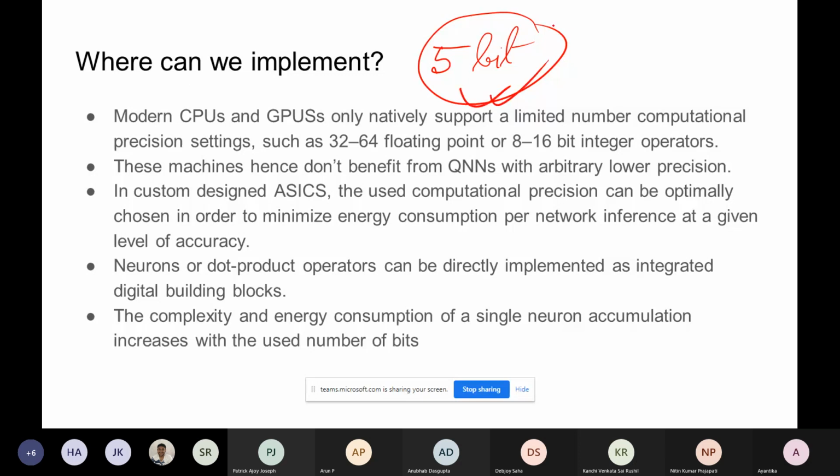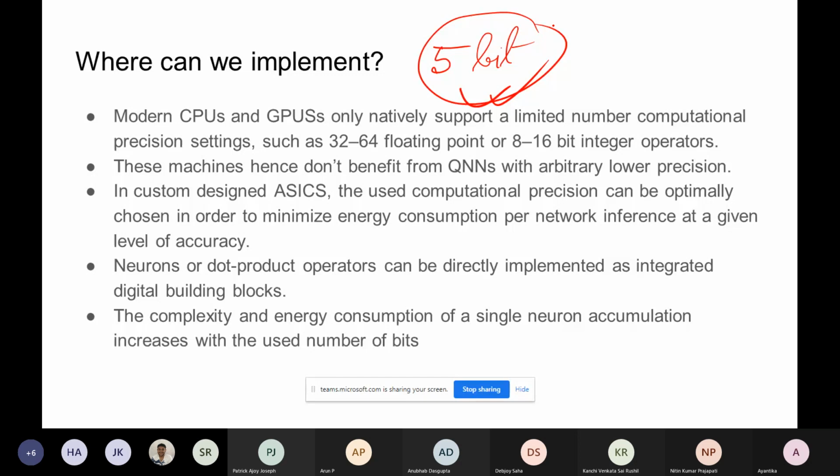But the problem is the existing hardware that you have, there you are not getting any support for this 5-bit architecture. It would have been better if you had some 5-bit operators like a 5-bit addition circuit, a 5-bit subtraction circuit. That will give the maximum advantage of your 5-bit quantization.